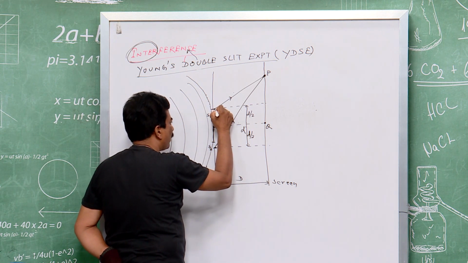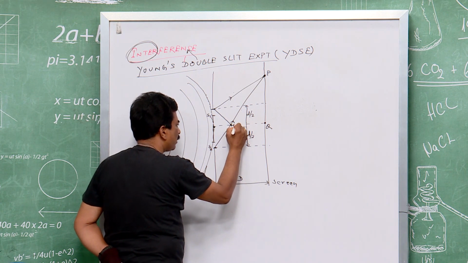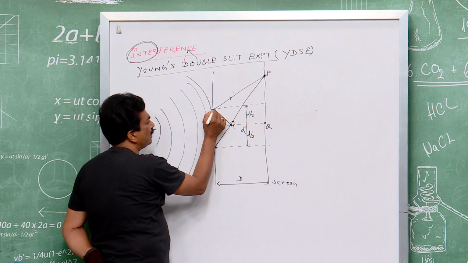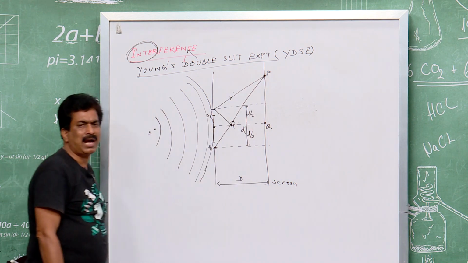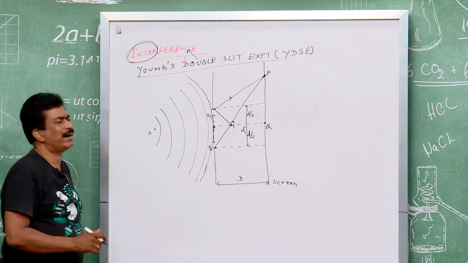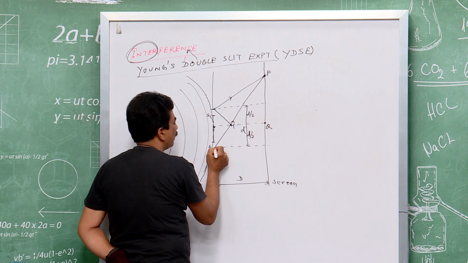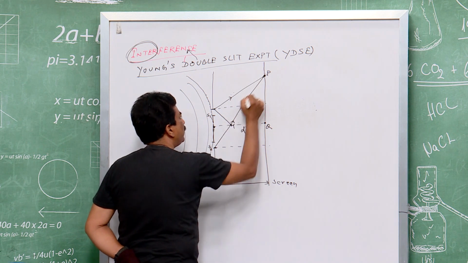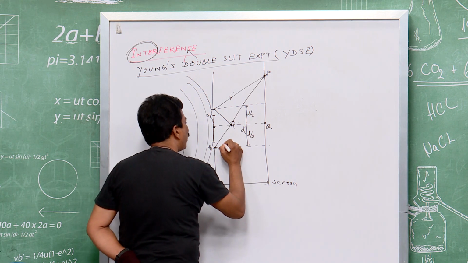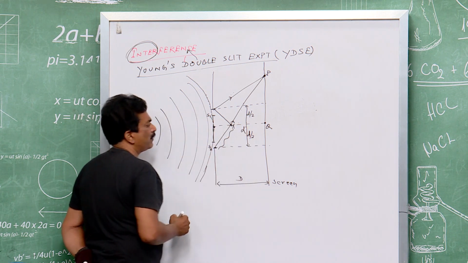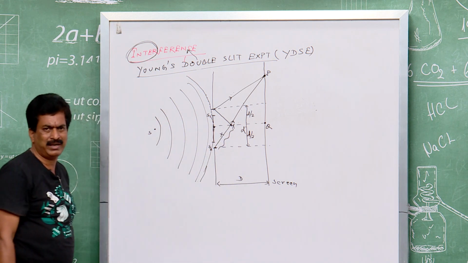If I draw a perpendicular, let its foot be T, then I can say that S1P and TP are of the same path. So this path is the same, but for S2P, if TP is equal to S1P, then what about S2T? This S2T is nothing but the path difference.